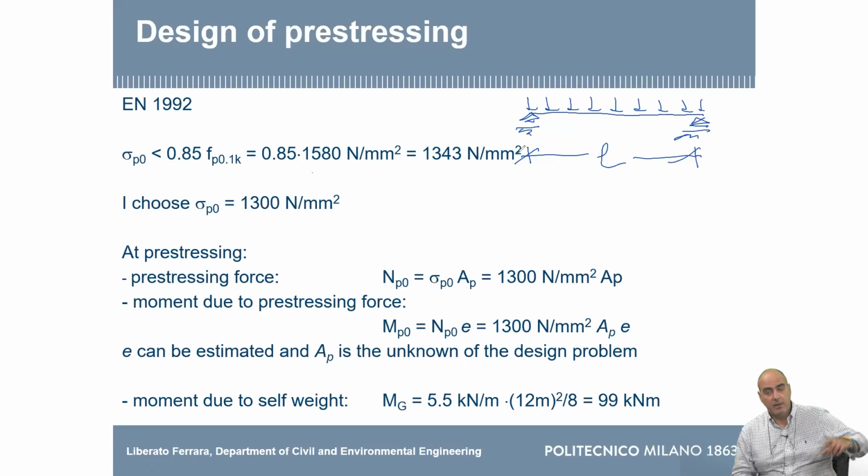Okay. If you remember, the depth of this element was 50 centimeters, so half a meter. The slenderness, which is the ratio between the span and the depth, is 24. That is the typical size range for this number. So these elements work under slenderness ratio 20-25. Beyond that, there is really a technological limit.